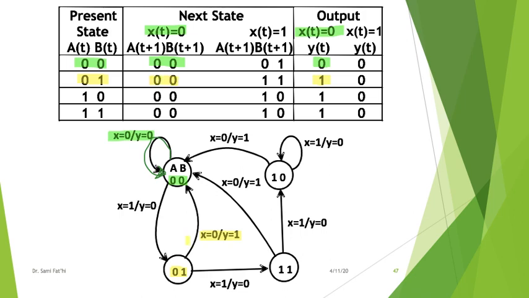It will be 0 and 0, so we take it back to 0 and 0. All the present states we do the same way, and we should have 8 arcs, because we have this set and this set. That is what will happen if we want to make the diagram.